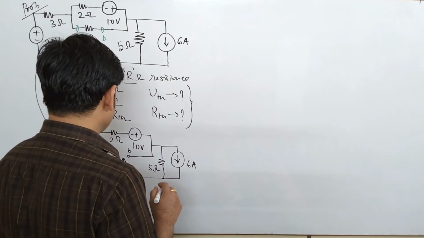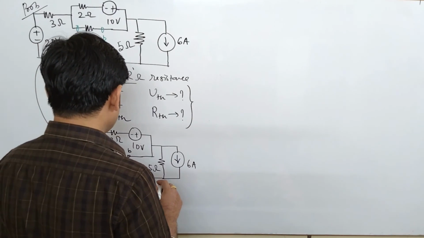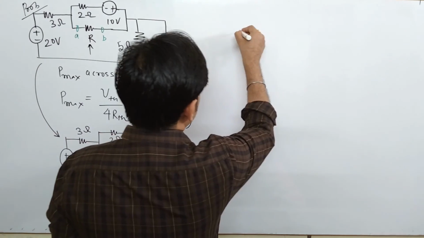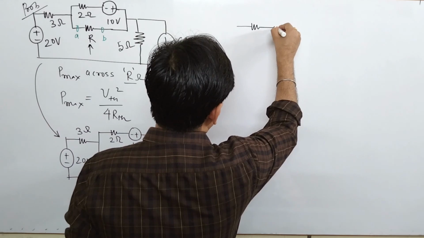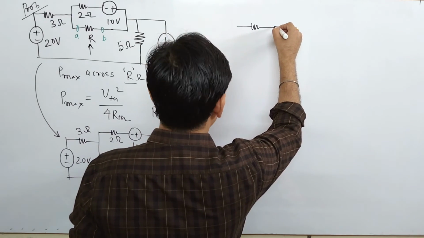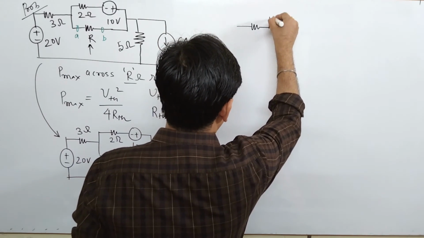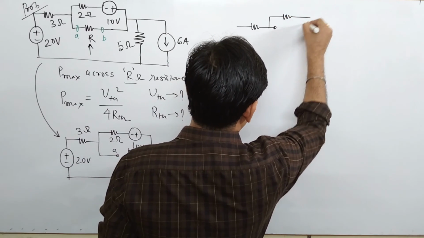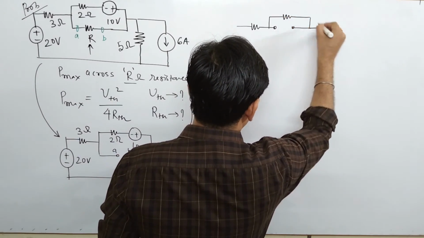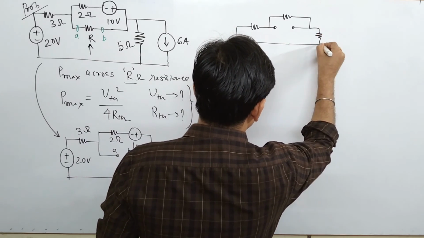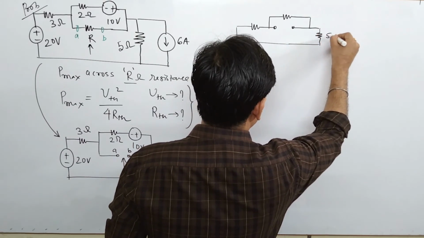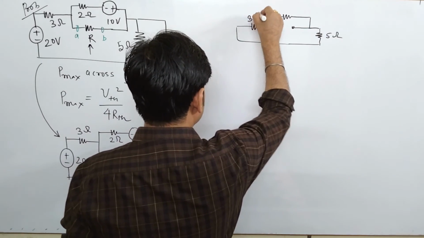So once it gets short circuited, directly you can say that this is the 3 ohm resistance, here it is the 2 ohm resistance, and here it is your 5 ohm resistance. Okay, this is the condition.